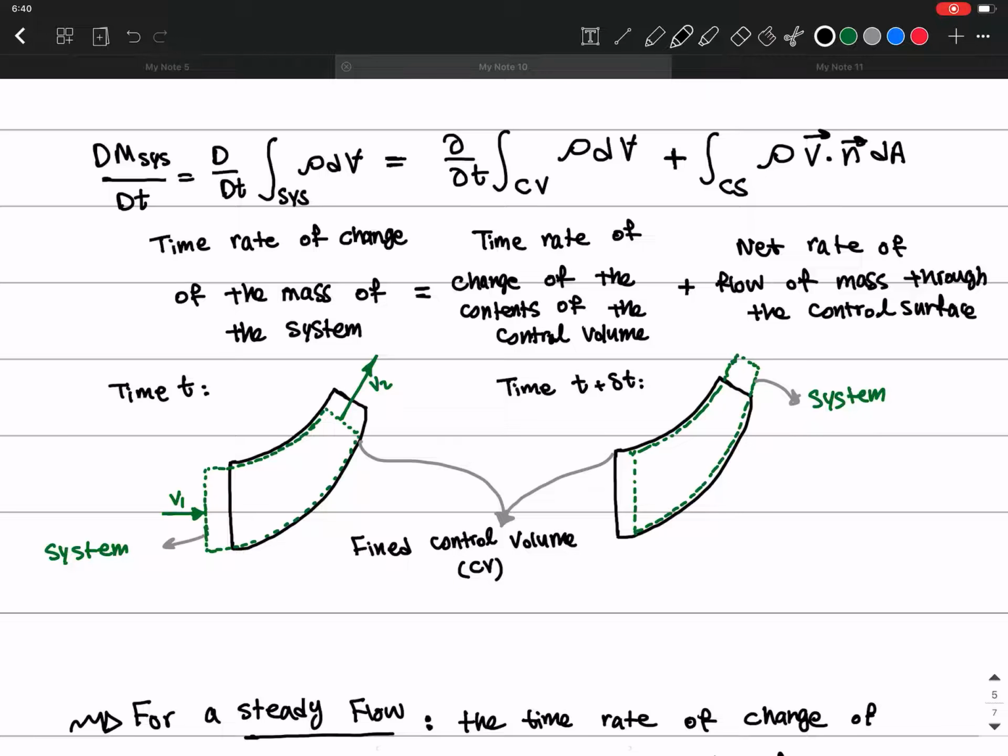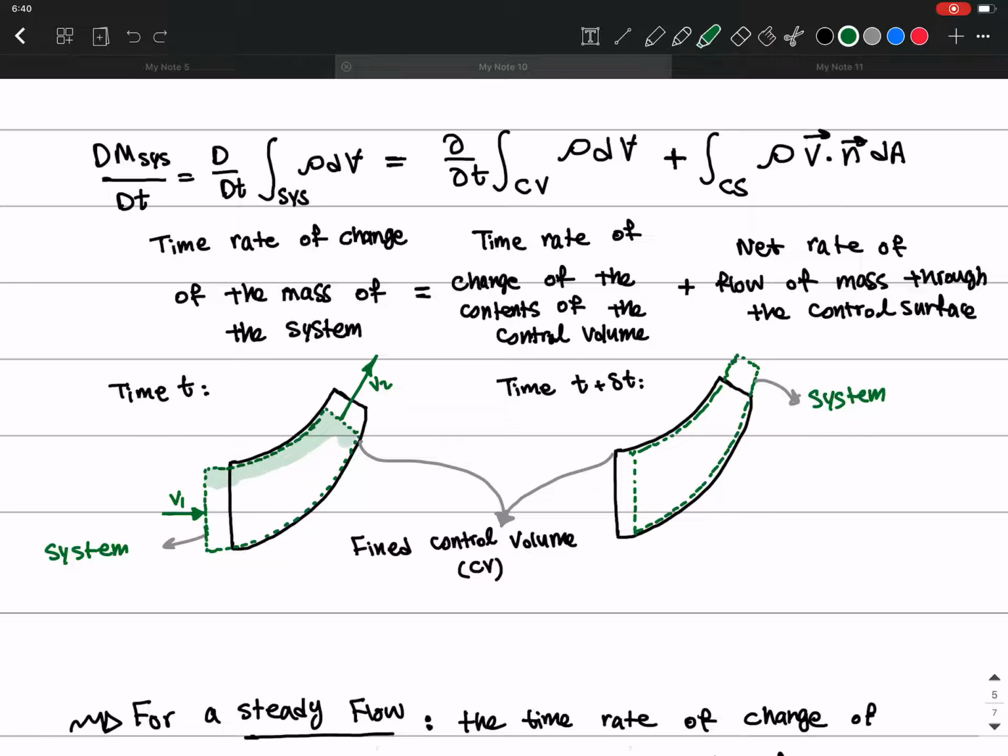So what does this mean? This continuity equation means that the time rate of change of the mass of the system, which is this, let's say, green thing here. So let me color it here.